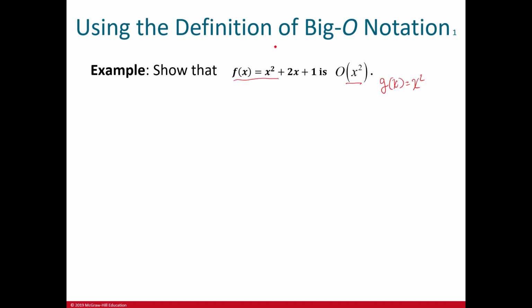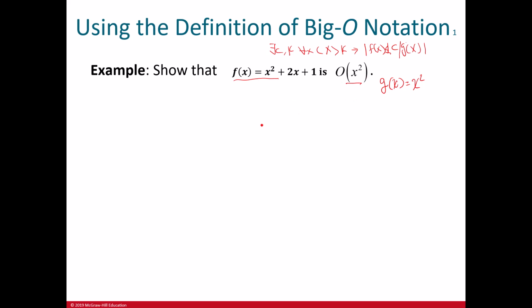Remember the definition says there exist c and k, and for every x, if x is greater than k, then the inequality holds, which is really just saying there is some constant c, a constant multiple of this function, such that f is less than or equal to it.